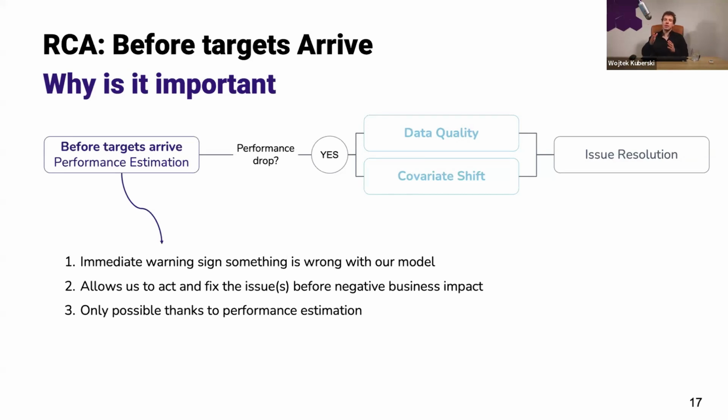Even if the business decisions are taken automatically, we'll be able to capture and stop any issues hours from model degradation, instead of waiting potentially months or years until the targets arrive. Compared to looking only at realized performance, it is an immediate action. And doing root cause analysis before the targets arrive is only possible thanks to performance estimation.